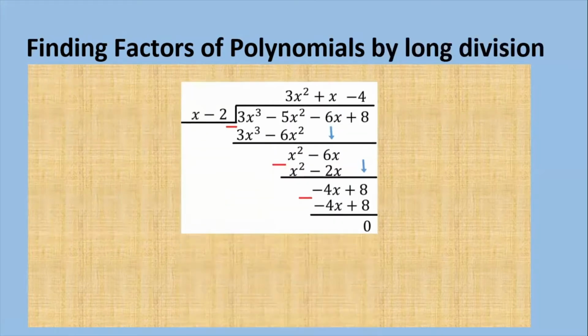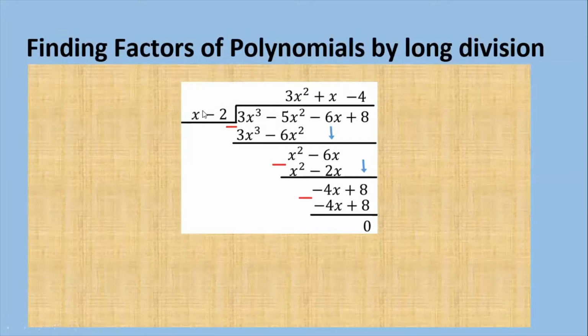We have 3x cubed minus 5x squared minus 6x plus 8 divided by x minus 2. The first term will be 3x cubed divided by x, that will be 3x squared. Just be careful where you place it; it has to be aligned.